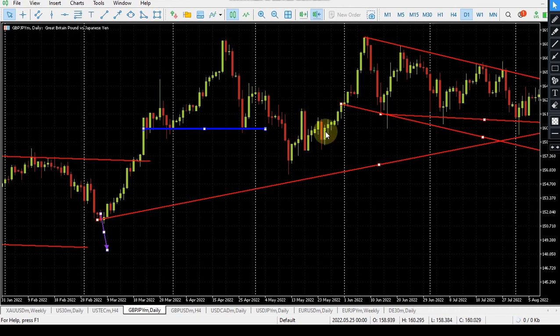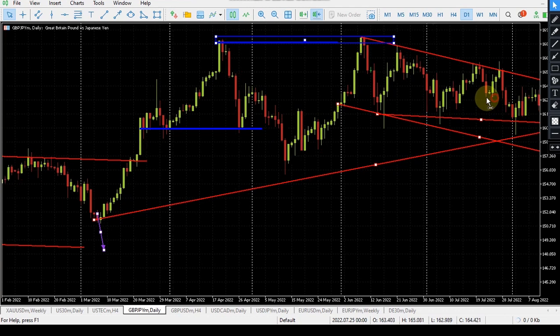Then it started making a high from this point until it walked this area again. This particular zone, it has to respect this particular zone. From there it made a double bottom, a double top here, and started rejecting, making a lower low, lower high, lower low, lower high, lower low. You can see how the trend is changing.